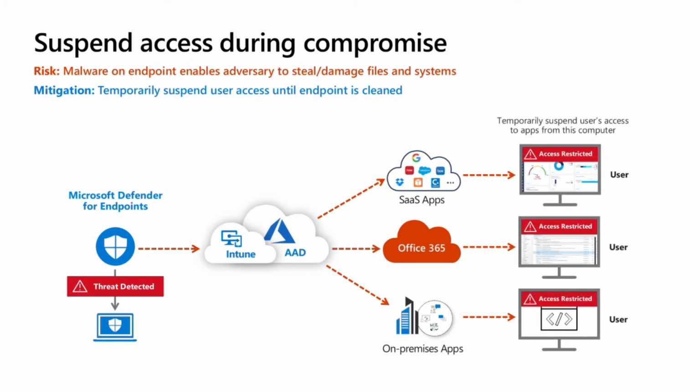Then once your risk level is judged as high, Intune and Azure Active Directory determine, okay, now your device is risky. So including any new resource you try to access, those accesses are prohibited for a while.